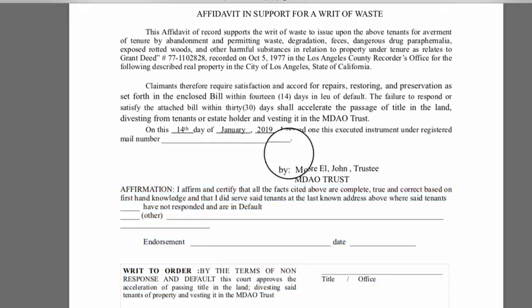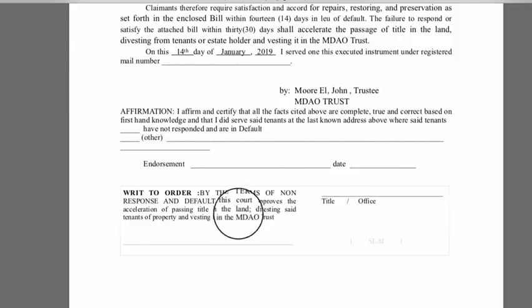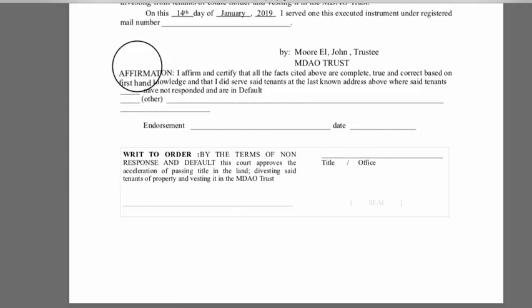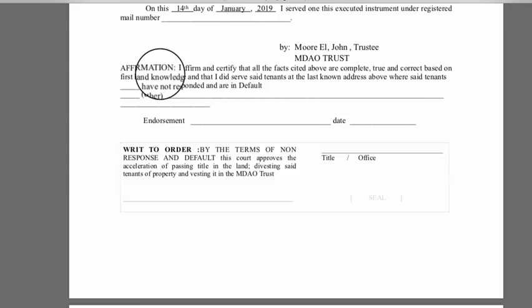So then 14 days go by, you sign it, there's no response, or it gets returned in the mail. Then you come and you sign this little affirmation that I put down here, and that is where your administrative officer, judicial officer, judge, grand shake, or whoever will put their seal to order the writ. Your affirmation says, I affirm and certify the facts stated above are true and complete and based on first-hand knowledge, and that I did serve the tenants at the last known address, and said tenants have 1.